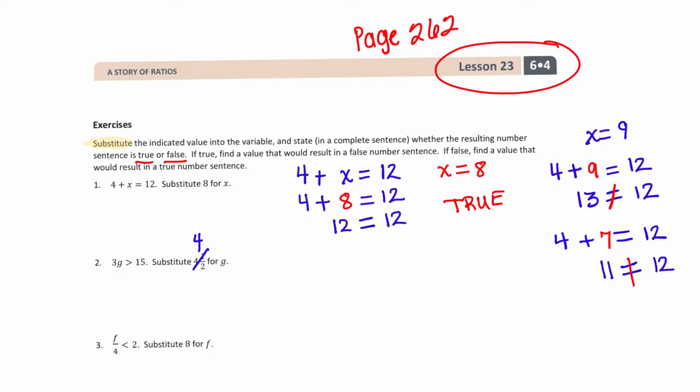The answer is no. So what numbers can make the statement true? Only 8 can make the statement equal on both sides. Any other value for x, smaller or bigger than 8, is going to make this number sentence false. You will not get 12 like we did here.